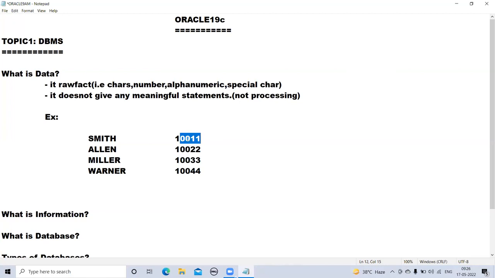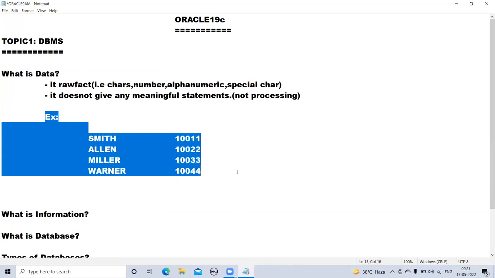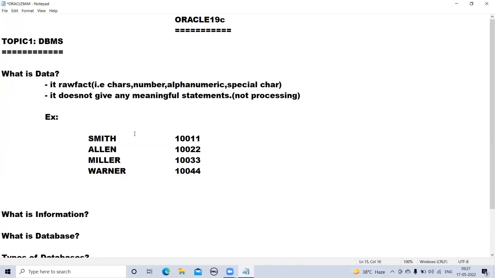So when the data cannot be predicted, it is called a raw fact. This is an example of data. Data cannot give us any meaningful statement because data cannot be processed.